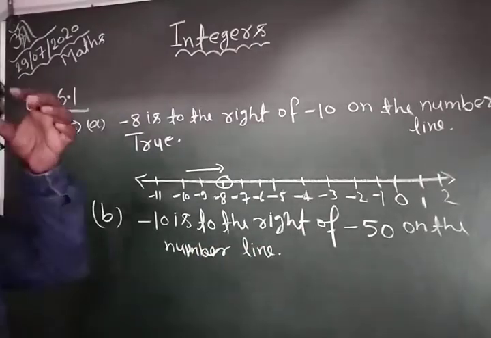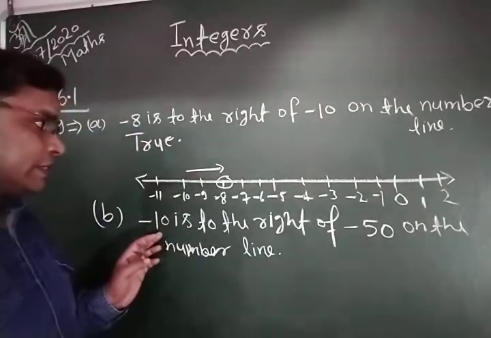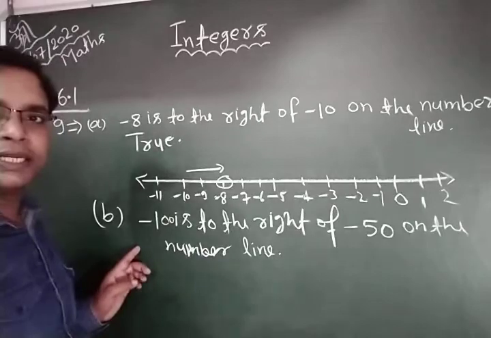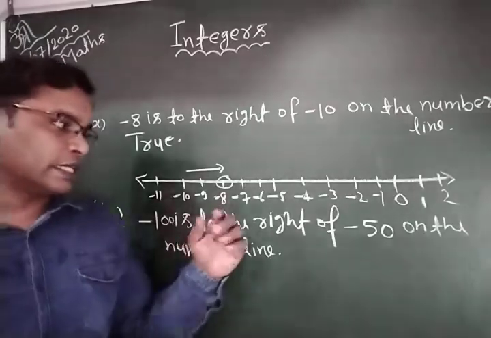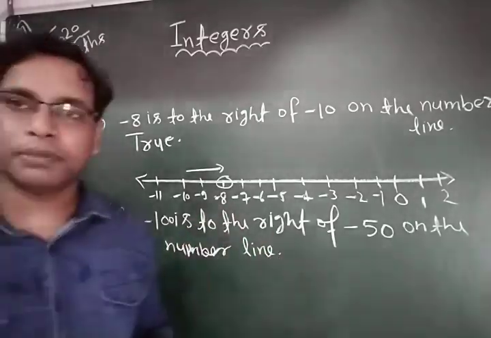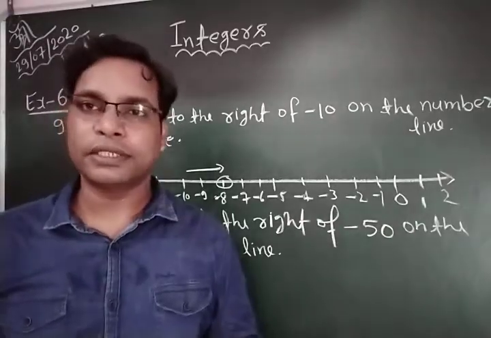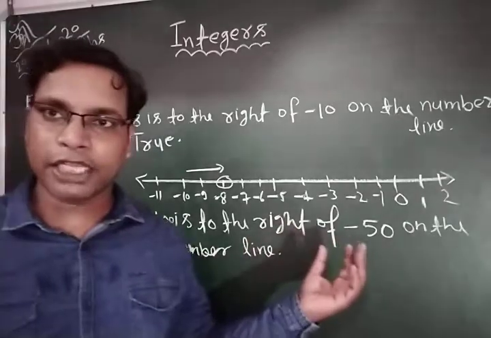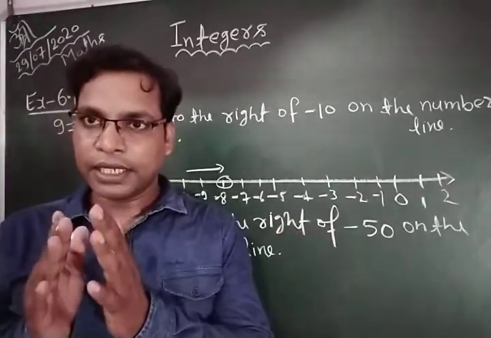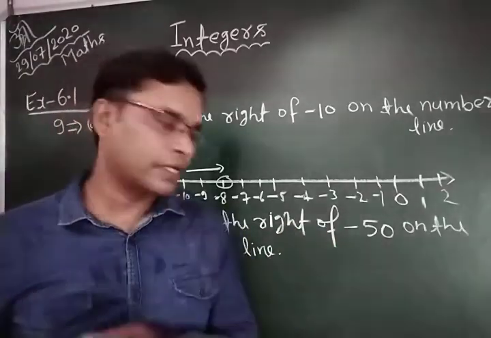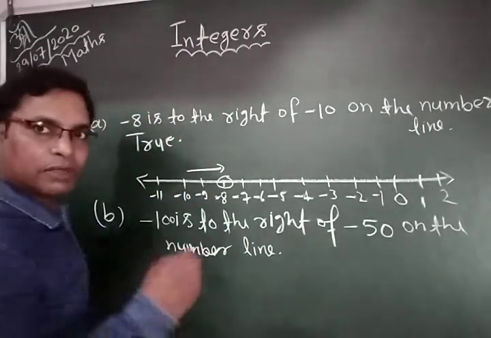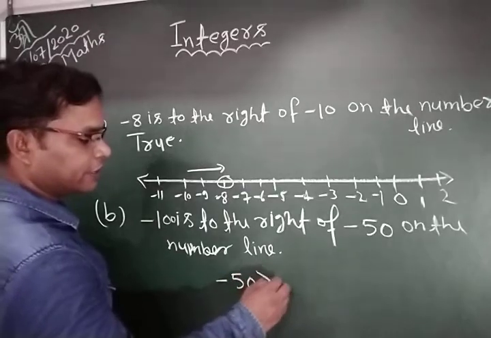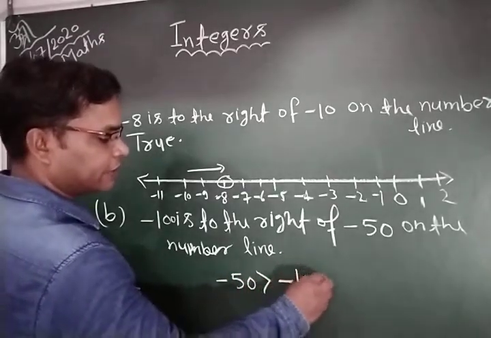Clear? So here you can see -100 and -50. -50 is greater than -100. You can observe here, if you compare both quantities, -50 is greater than -100.